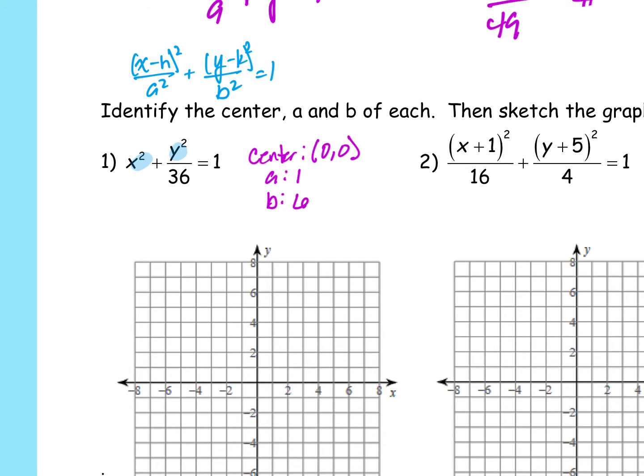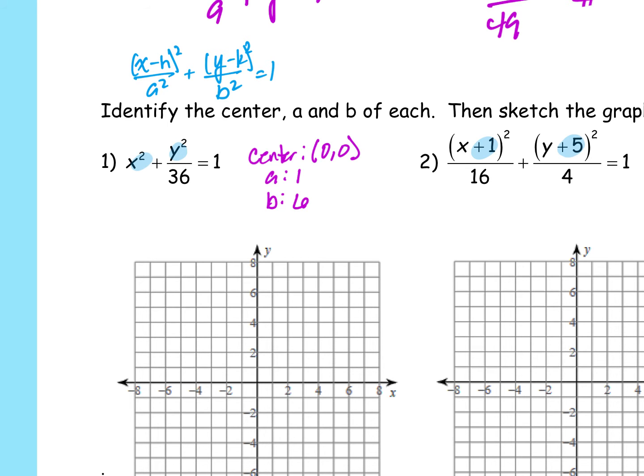No. So that means I'm adding 0, and my center is at 0, 0. If I look at my next one, I'm adding something here, so my center is not going to be at 0, 0. If it's just x squared by itself and y squared by itself, my center is at 0, 0. Does that make sense? Okay, and to get a and b, I just take the square root of the denominator, right? Yes.